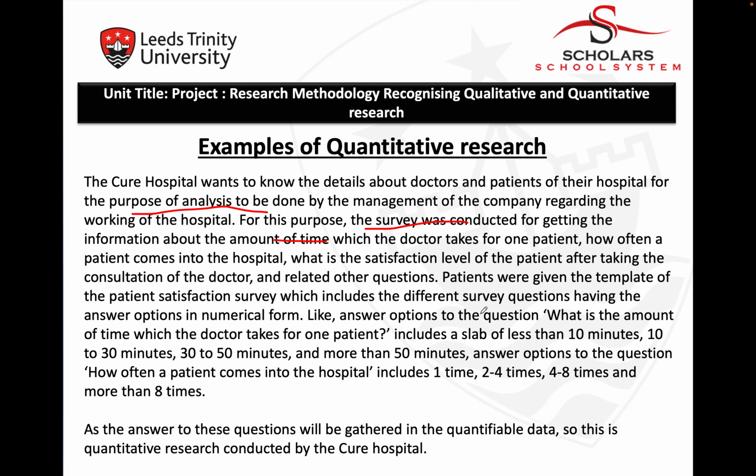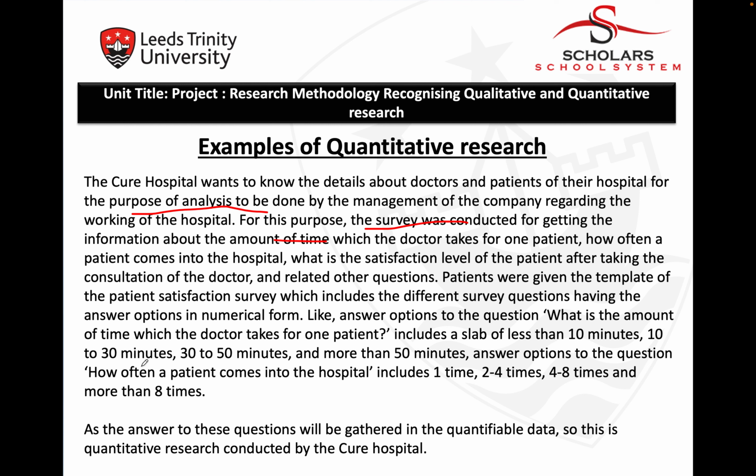Like answer options to the question, what is the amount of time which the doctor takes for one patient, include a slab of less than 10 minutes, 10 to 30 minutes, 30 to 50 minutes, and more than 50 minutes.